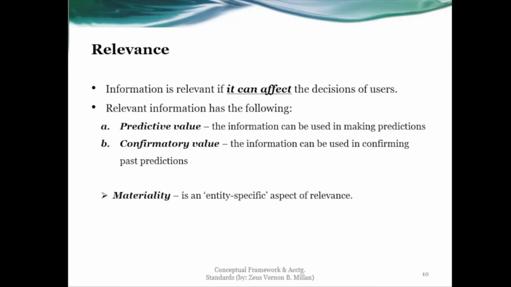The concept of materiality is an entity-specific aspect of relevance, because again, one thing can be material for company A, which can be immaterial for company B. Now, when something is material, it can affect the decision of your users, di ba? So that is why materiality is important, or it can relate to relevance. When something is material, it is most likely relevant. So keep that in mind.